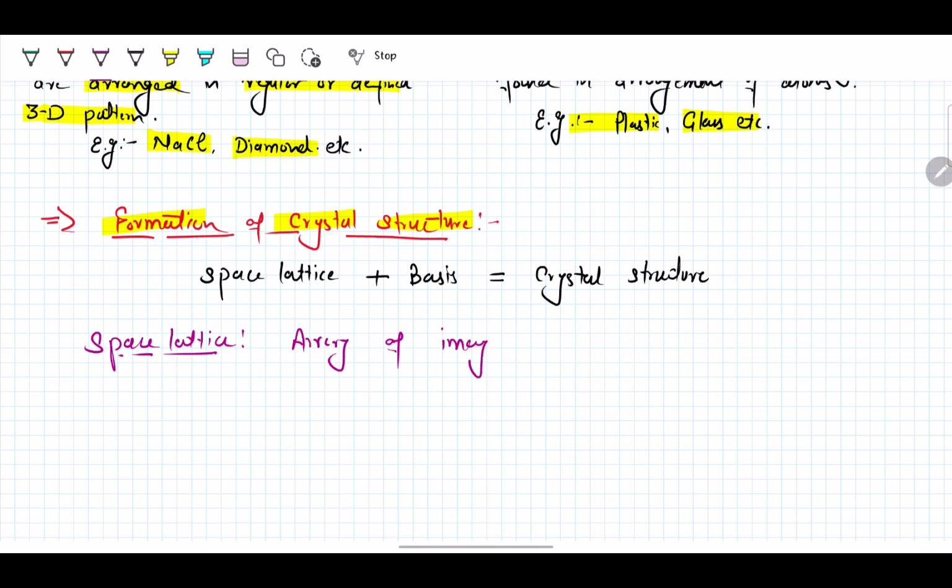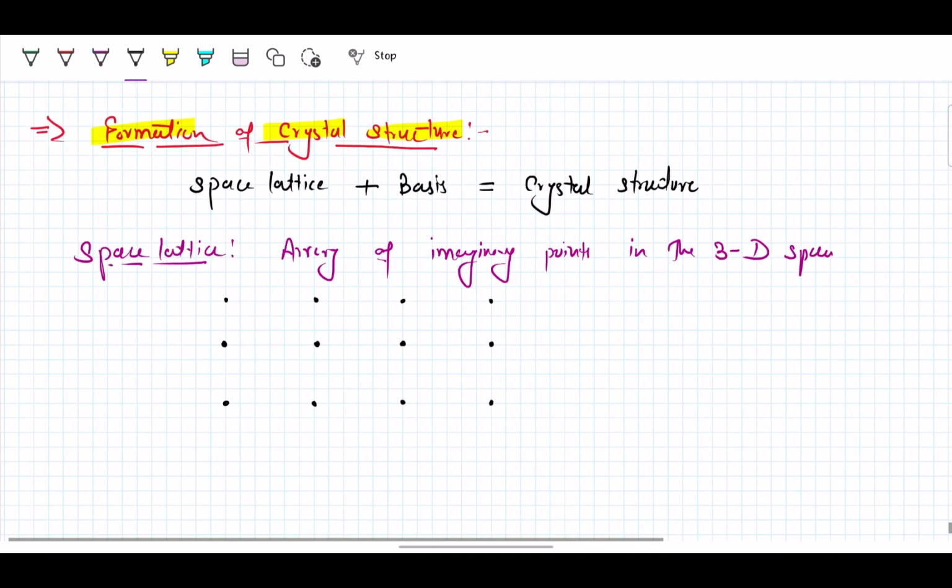For example, if I am taking this point, there is another point, and another point, and so on. Each and every point has identical surroundings in three dimensions, along all the axes. This type of array is called a space lattice. So this is an example of a space lattice.